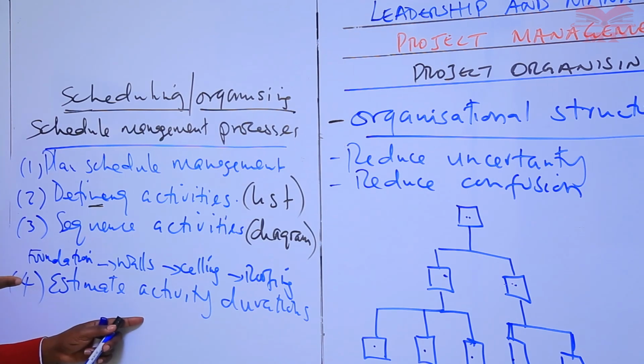The estimate activity durations process, candidates, also uses information from the scope of work, the required resource types, the skills levels, the estimated resource quantities, the resource calendars, and so on.